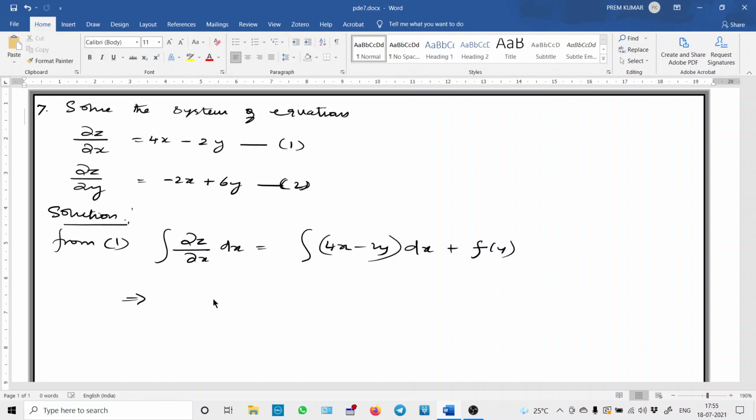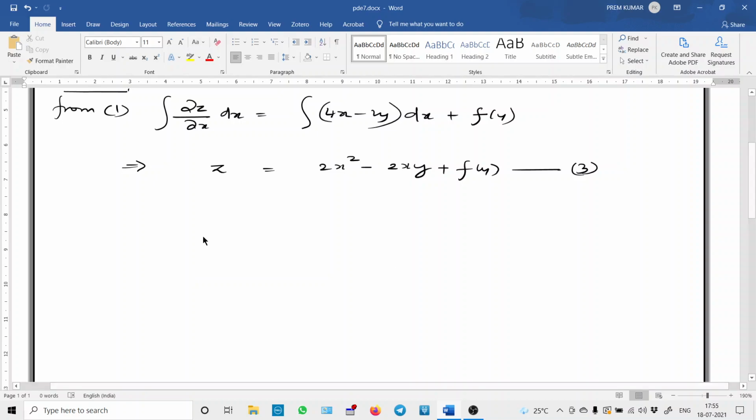Which implies if we integrate this partially with respect to x, we get z equals 4x squared by 2, so it is 2x squared, minus 2y into x, so 2yx, plus f of y. I name this equation as 3.